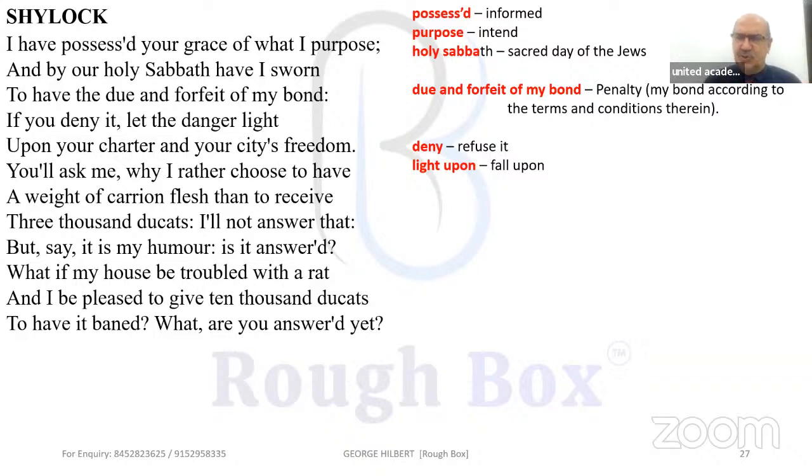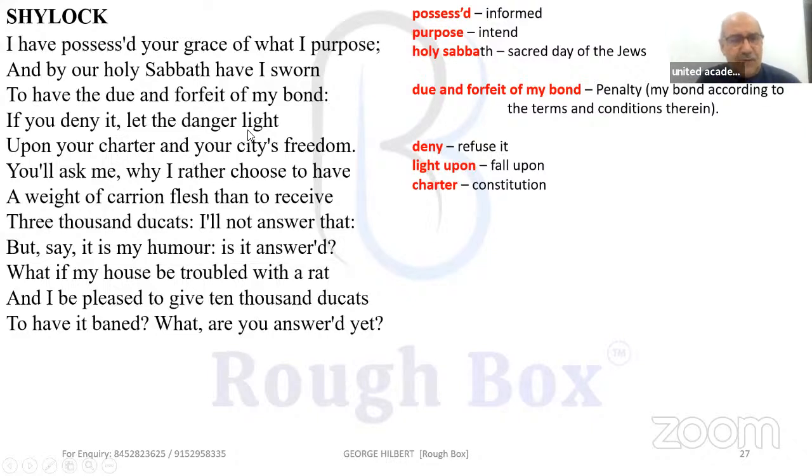I have made a pledge, a promise, to have my penalty, the pound of flesh. If you deny me, if you refuse to give me his pound of flesh, or refuse to give me justice, then let the danger light upon your charter.